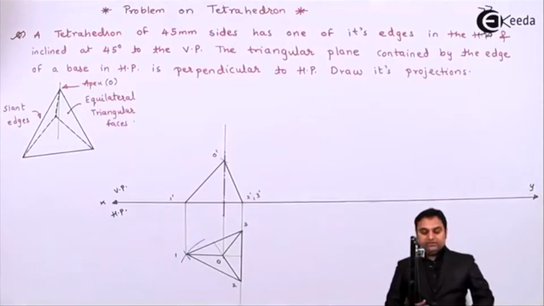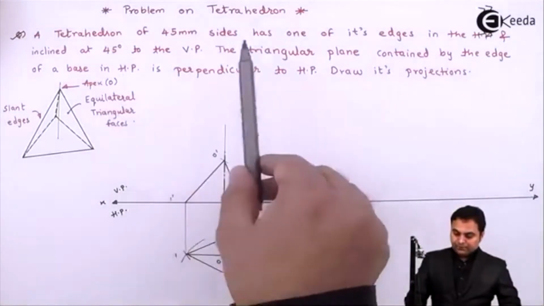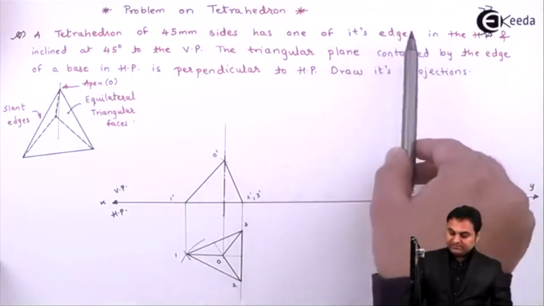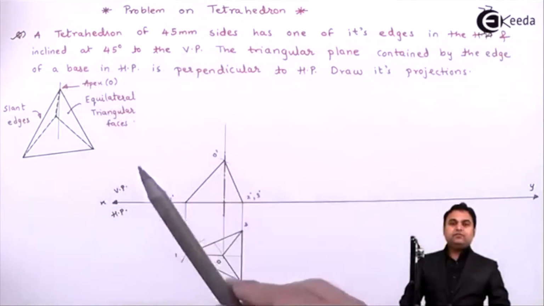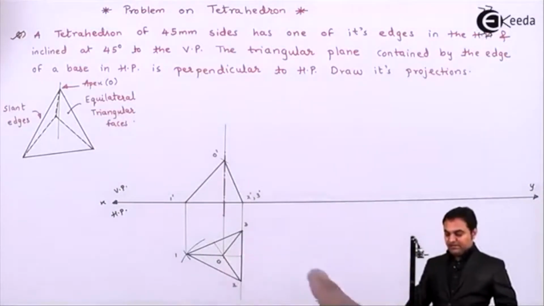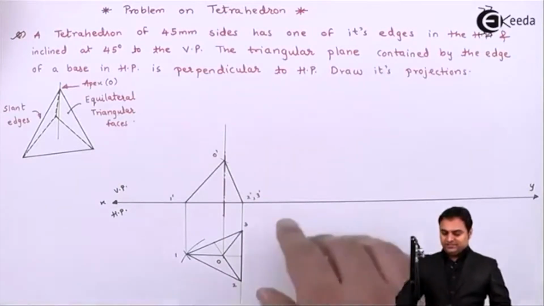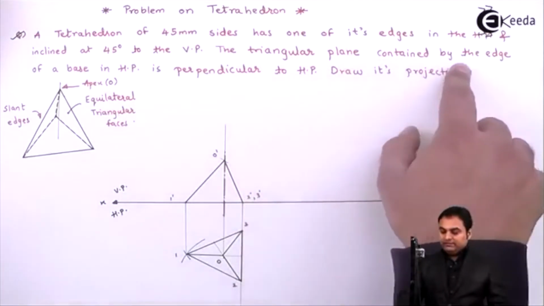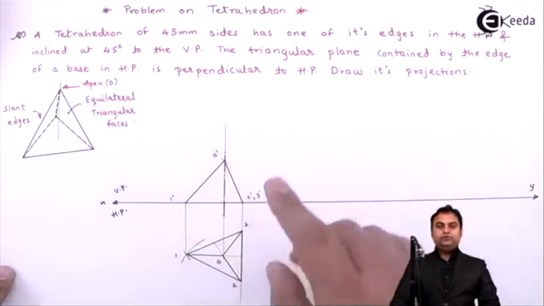Then after completing the initial condition, the next thing given in the problem is that the tetrahedron has one of its edges in HP and inclined at 45 degree to VP. So the edge on which it is resting will be made inclined to VP, and this is nothing but the last condition. The second condition is the triangular plane contained by the edge of base in HP is perpendicular to HP.